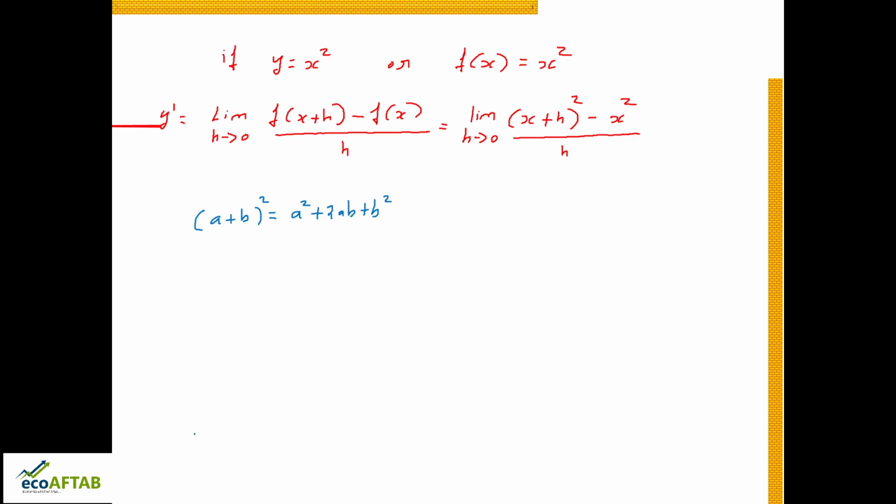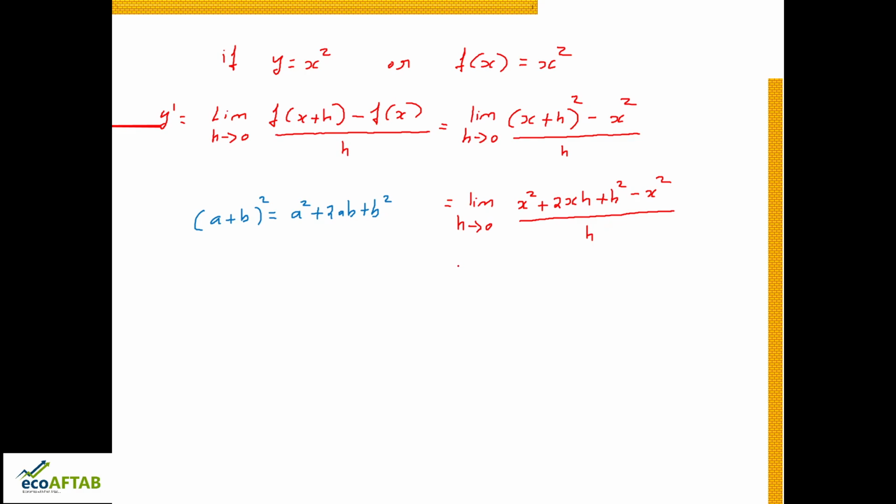The same thing I am going to apply over here. That is equal to limit as h tends towards 0, x square plus 2xh plus h square minus x square, the whole divided by h.